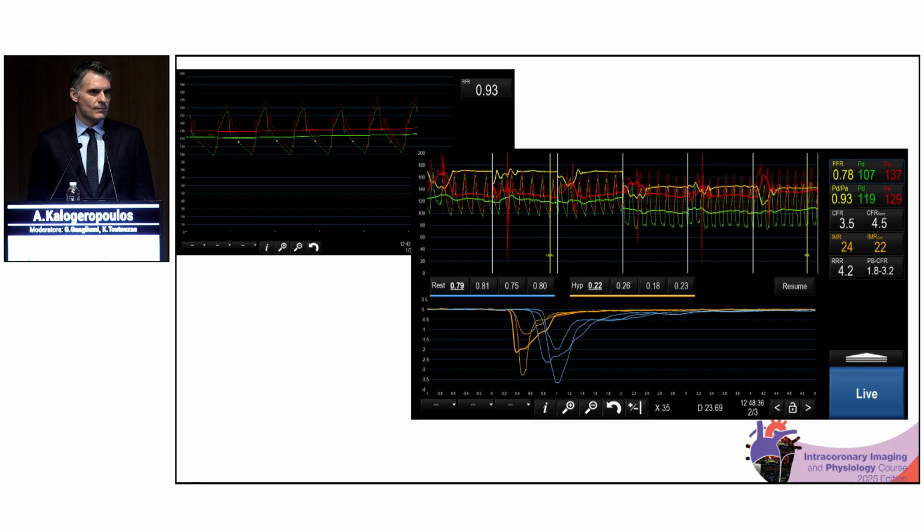But we have to point out that a lot of times our measurements don't necessarily agree. If someone was a believer of CFR, like Peek in Amsterdam, he would say that the physiological study is negative for significant stenosis in the epicardial vessel. Just a comment. So what to do?